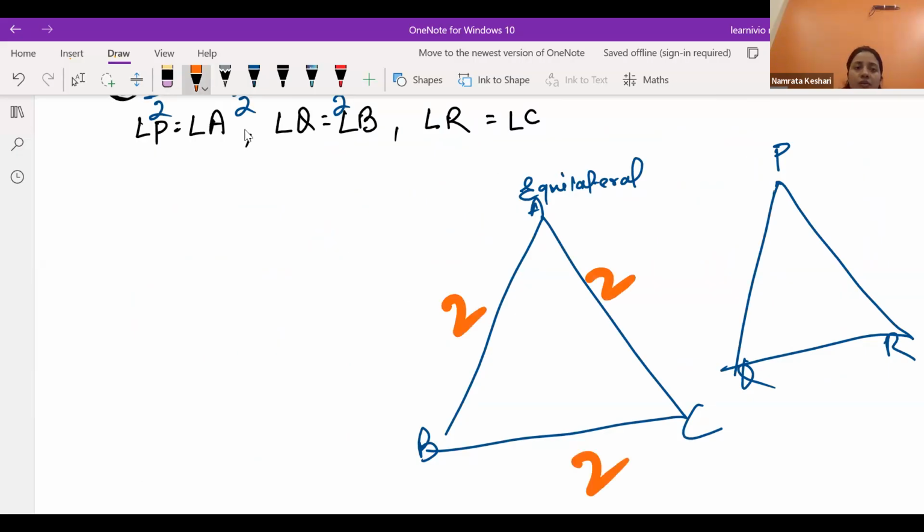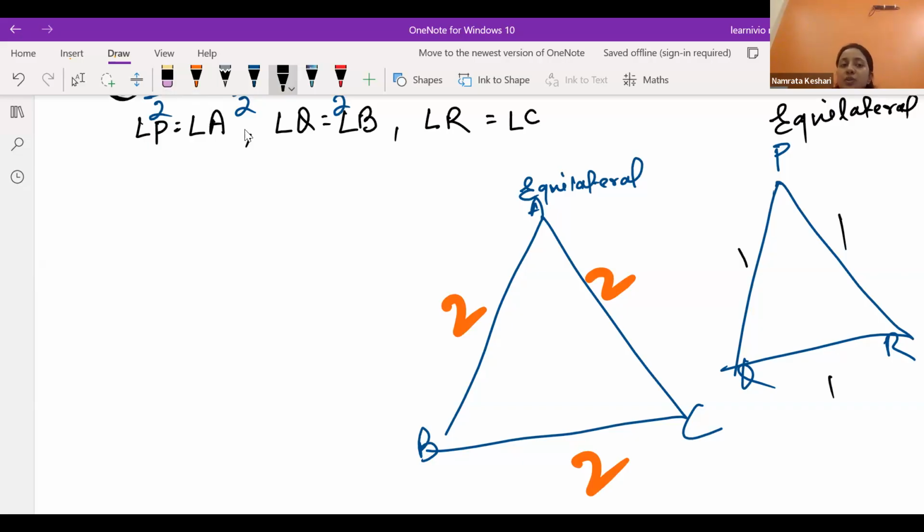And PQR, their sides can be, I'm just taking 1, 1, 1. If I have taken equilateral triangle ABC and an equilateral triangle PQR, are you having the feeling that these two will always be similar with each other? Yes, ma'am. Equilateral triangles are always similar with each other.